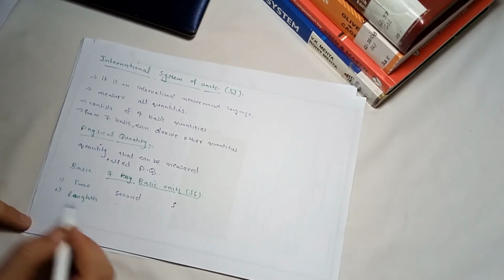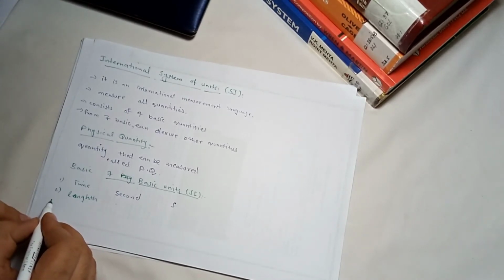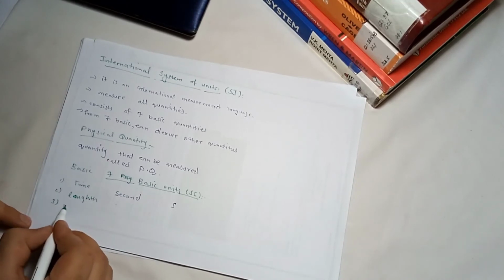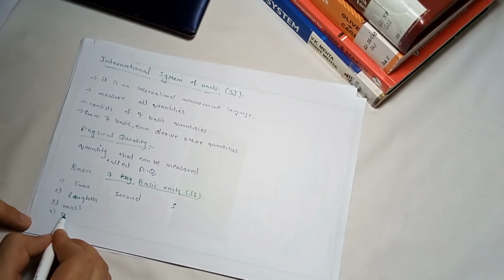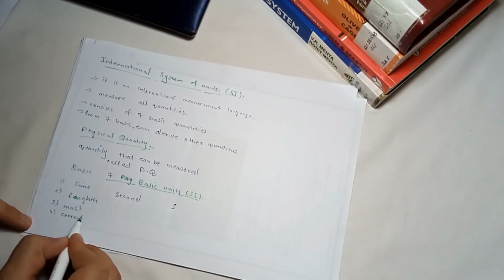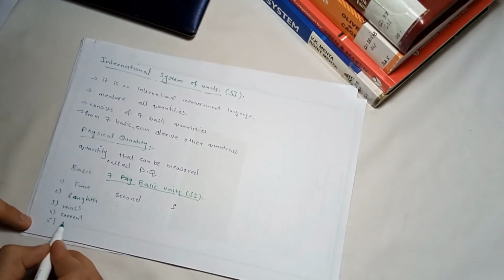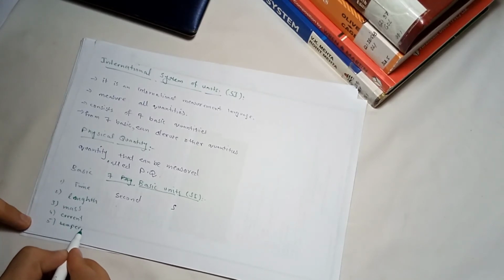Now we will write all the units after. Third is mass. Fourth is current. The fifth is temperature.